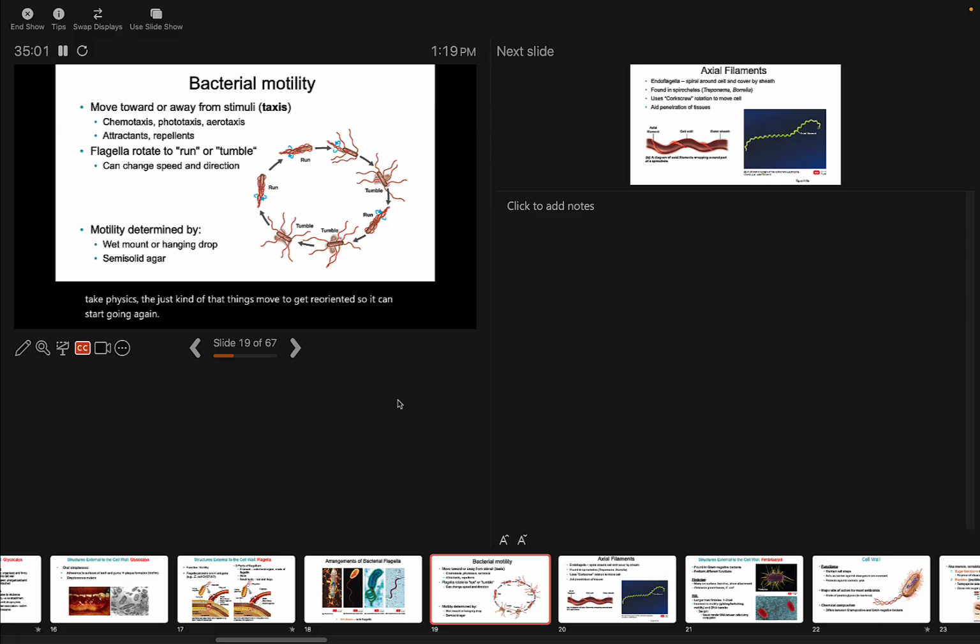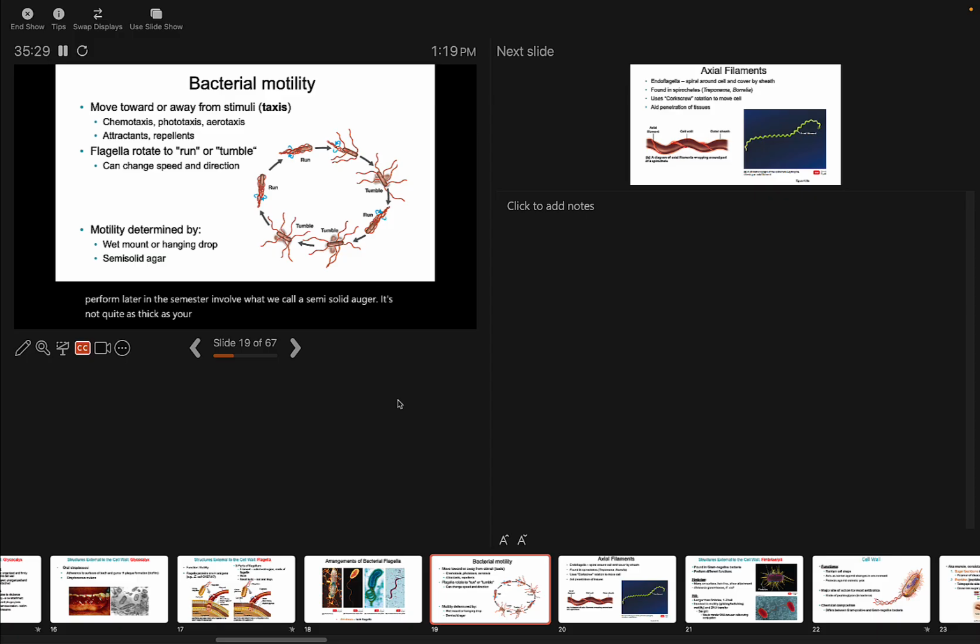And we can determine motility in a number of different ways in the lab. You could always do a wet mount, right? Especially with phase contrast or dark field microscopy, you can actually see the bacteria moving, the individual cells. Classically, some of your biochemical tests that you'll perform later in the semester involve what we call a semi-solid agar. It's not quite as thick as your classic agar.